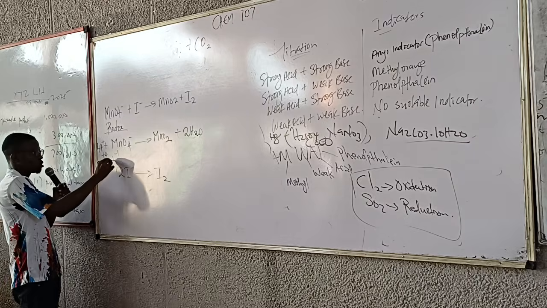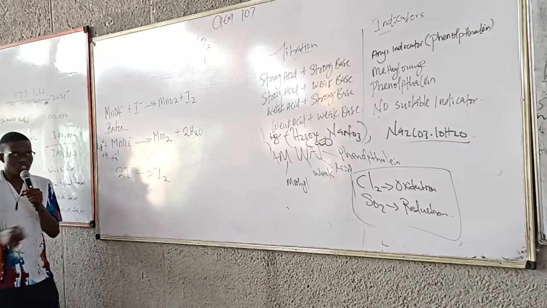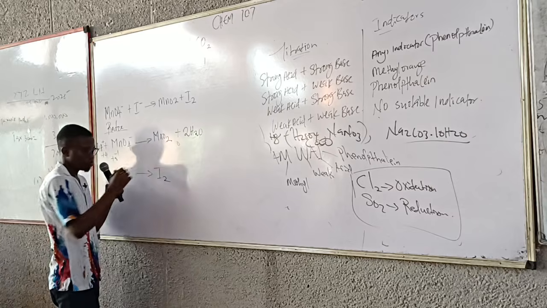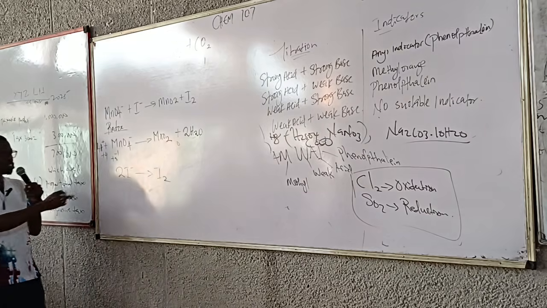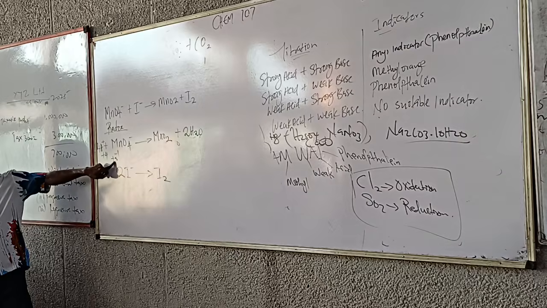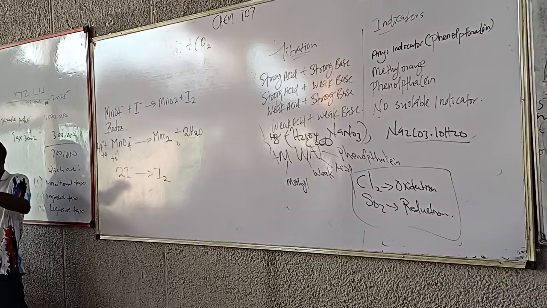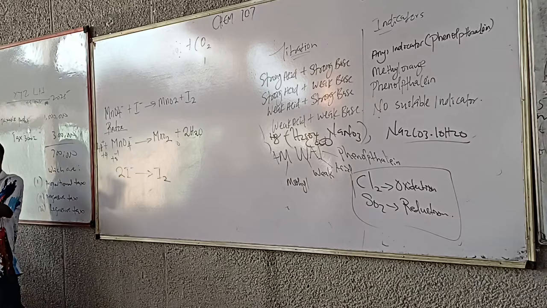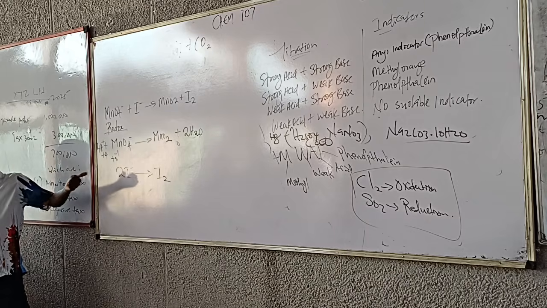Plus 3. Where is the charge here? 0. So to balance this charge, I have to neutralize this guy to 0, right? And for me to neutralize this guy, I have to bring electron, which is negative, to balance it so that you cancel out.